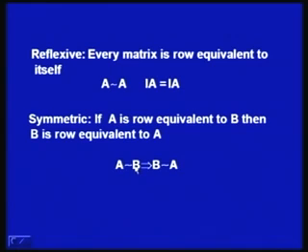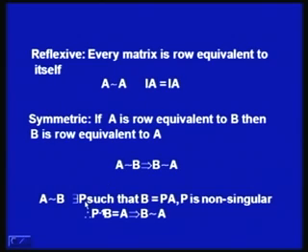If A is equivalent to B, then there exists a non-singular matrix P such that B is equal to P A. Since P is non-singular, P inverse B will be A. If you multiply by P inverse on both sides, then P inverse B is P inverse P multiplied by A, which is nothing but A. So, P inverse B is A, and that simply means that B is equivalent to A. We started with A equivalent to B, and we get B equivalent to A, and that proves the symmetric property.